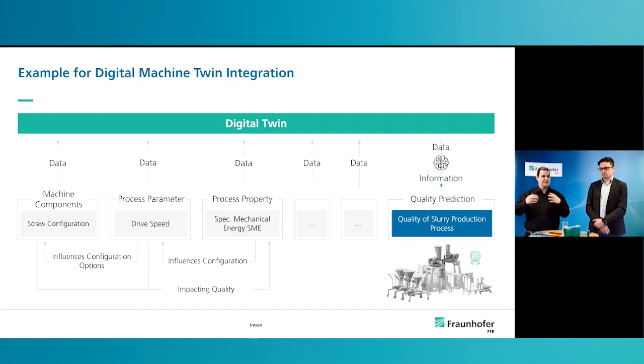So you see everything is interconnected with each other, and with the digital twin and the interlinking and the modeling in there, we can go into the depth of that and also link them with each other. So based on what we saw in there by the data and also maybe additional small cases, we can have, for example, a quality prediction of my process production in there. This is a typical example of what we're doing with digital twin in here.